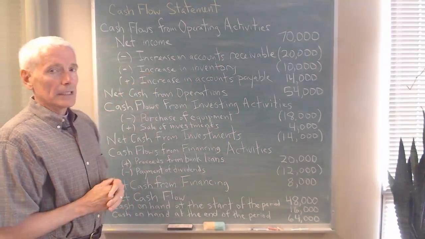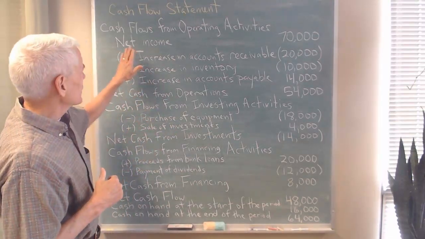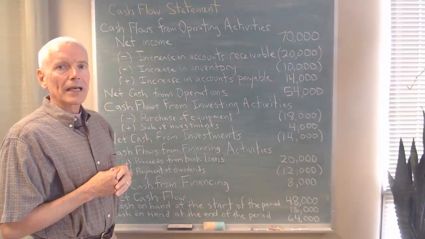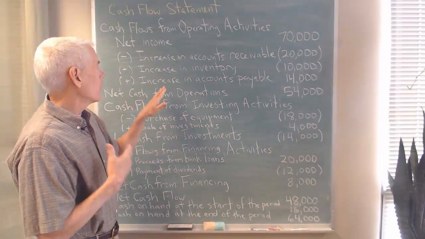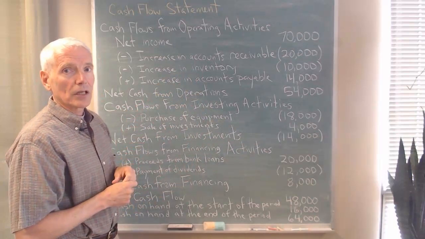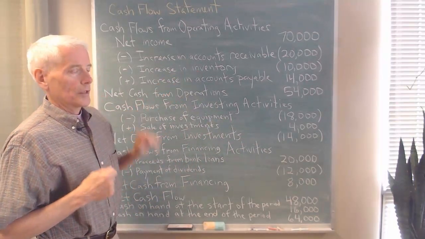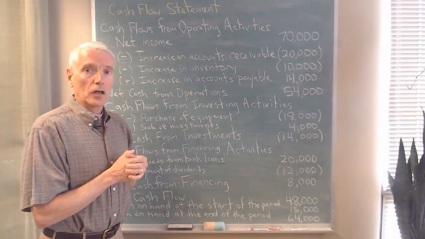An increase in inventory is also a subtraction, and that can be confusing because we're wondering, why isn't that captured in net income? Why wasn't this inventory expense captured in the $70,000 that we already have there? This is because inventory is not part of cost of goods sold.